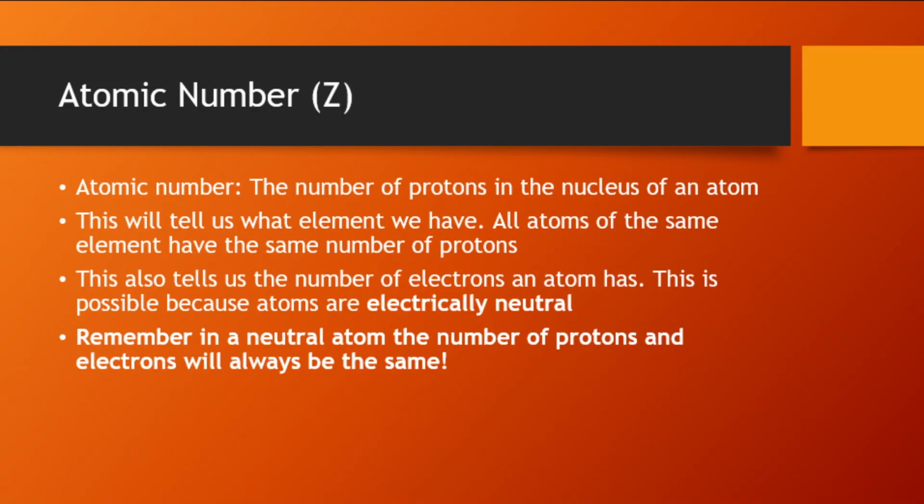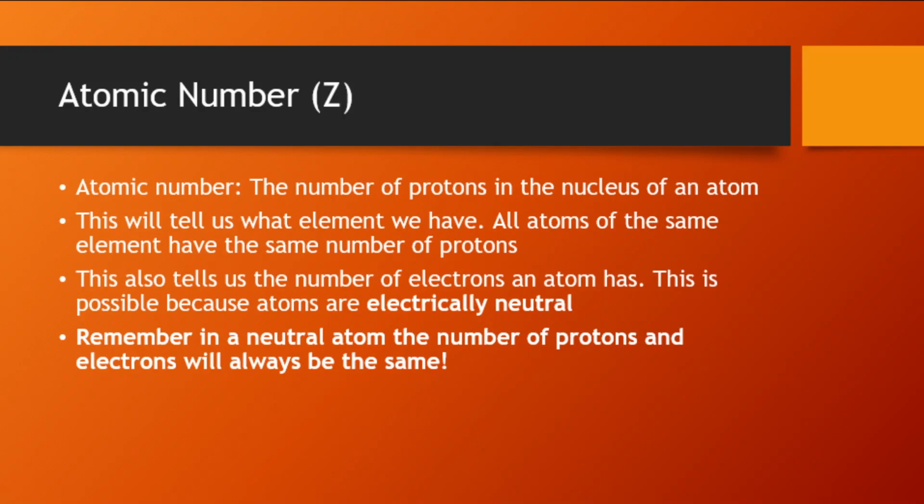The atomic number is the number of protons in the nucleus of the atom we're looking at. If you think back to the previous slide, carbon had an atomic number of 6. What that tells you and me is that carbon has 6 protons in its nucleus.